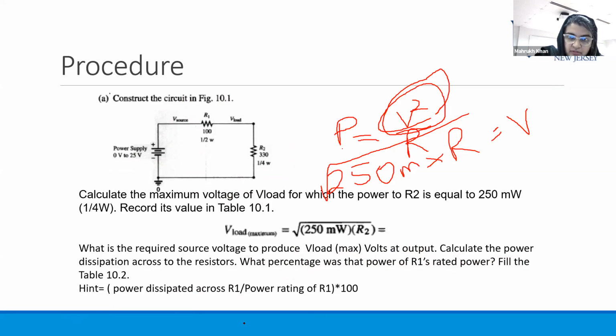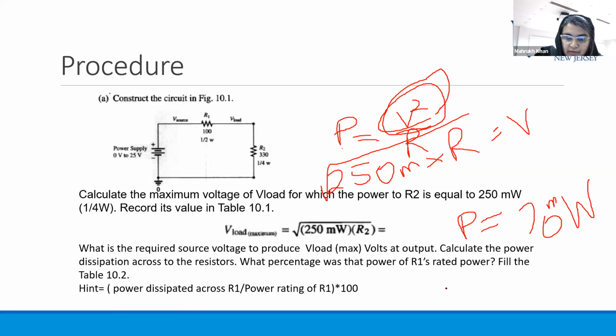Let's say the resistance is R2, and the power dissipation that you have calculated is 70 milliwatts. 70 watts is too much, 70 milliwatts.